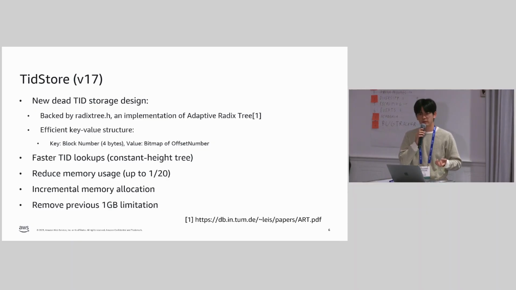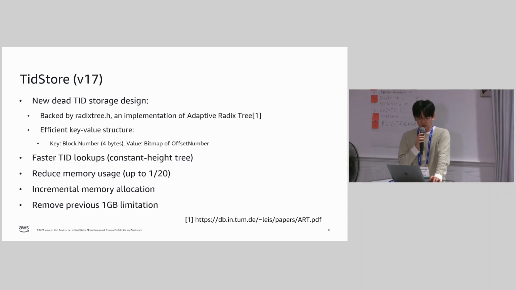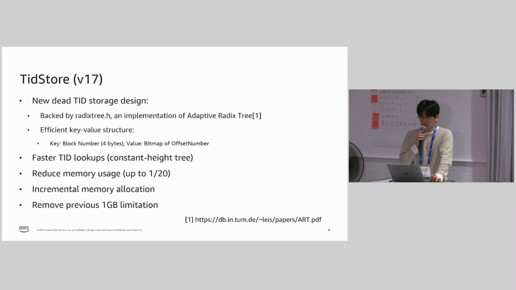Also, we can now allocate memory incrementally as the tree grows, and it significantly reduces memory usage. And we have eliminated the previous 1 GB limitation of maintenance_work_mem or autovacuum_work_mem.